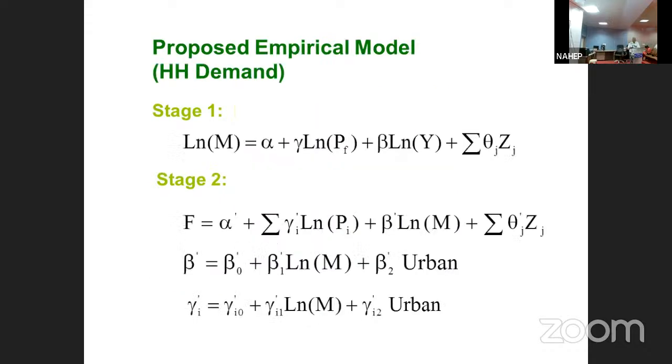Let's see. So in the first stage, I am writing the expenditure on food as a function of prices, income, and fixed factors. Now I say I am using quadratic, right? If this beta is equal to this, you make it y, okay?